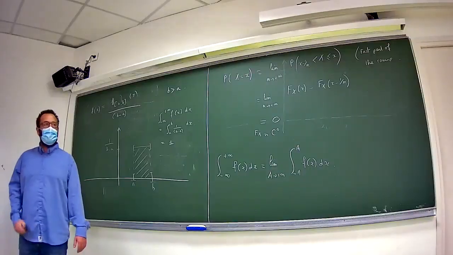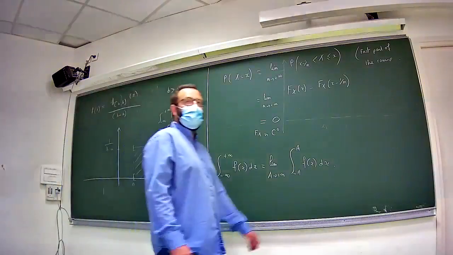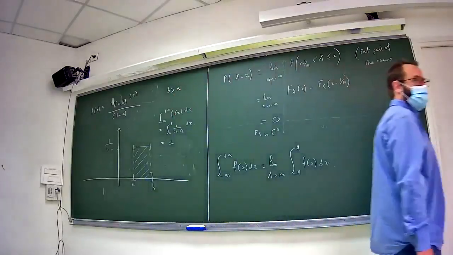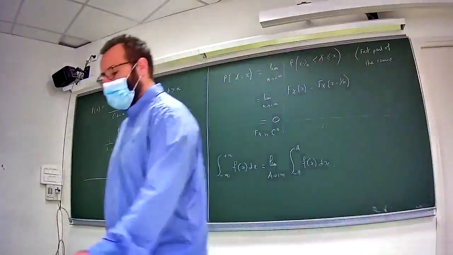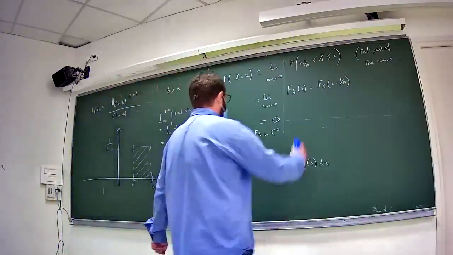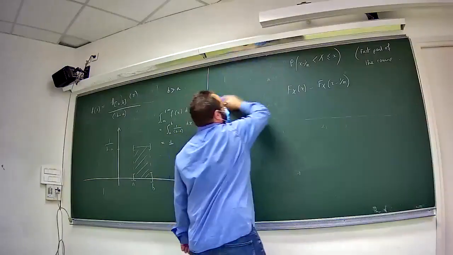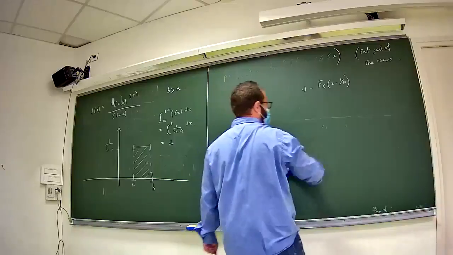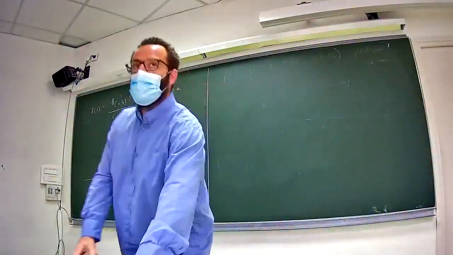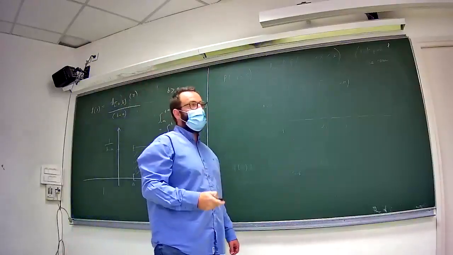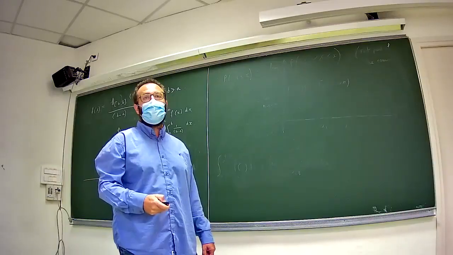Since I know what is a density, I can define what is to be a random variable having a density function. So I know what is a density function, and now we are going to define what is a random variable that has a density function. It's typically the definition 17 here. When we say that a random variable has a density function, when the distribution function may be obtained from the partial integrals of a mapping that is a density function.